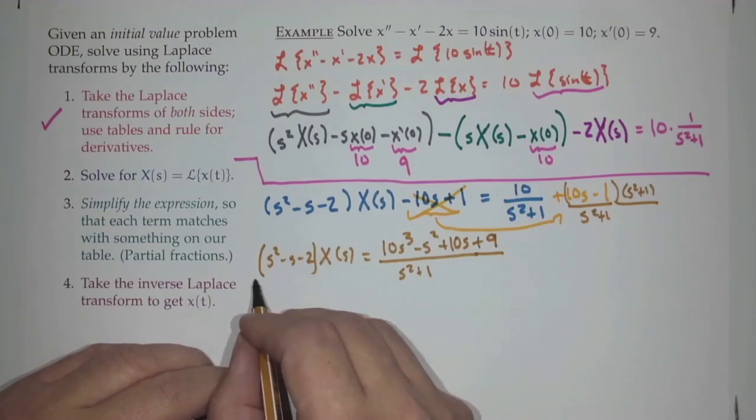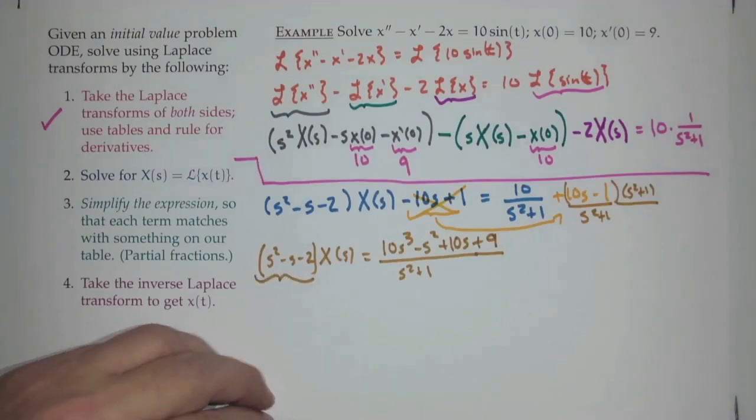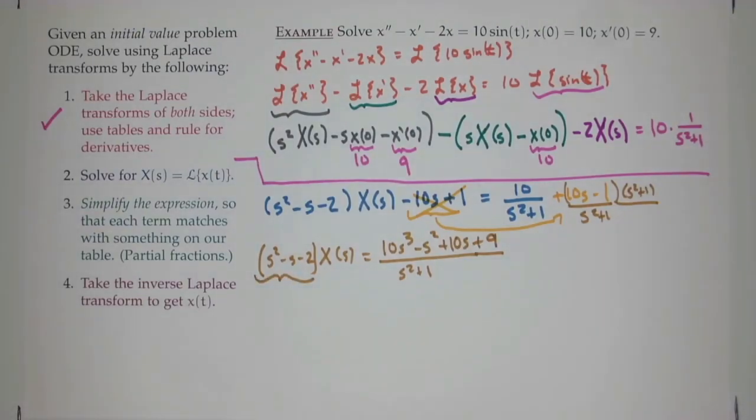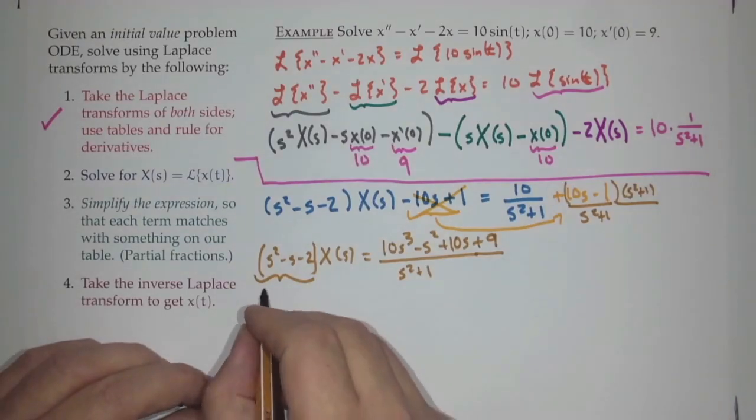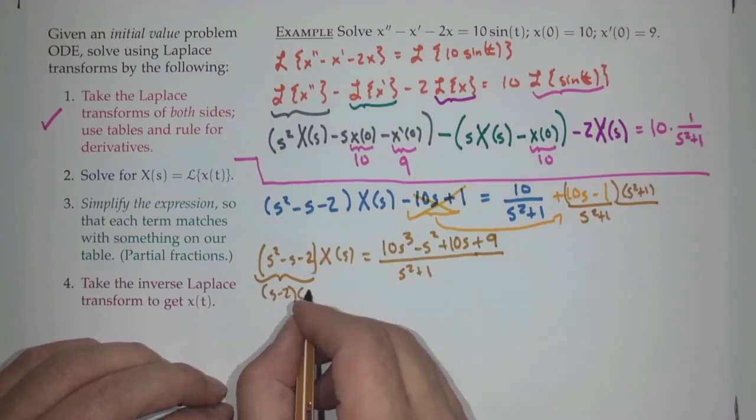S squared minus s minus 2. Can we do anything with that expression? We can divide it over. Yes. What else can we do to it? Does it factor? And if it does factor, how does it factor? S minus 2, s plus 1.